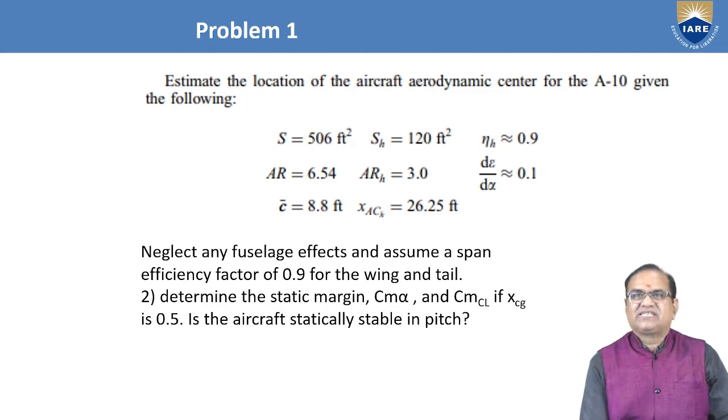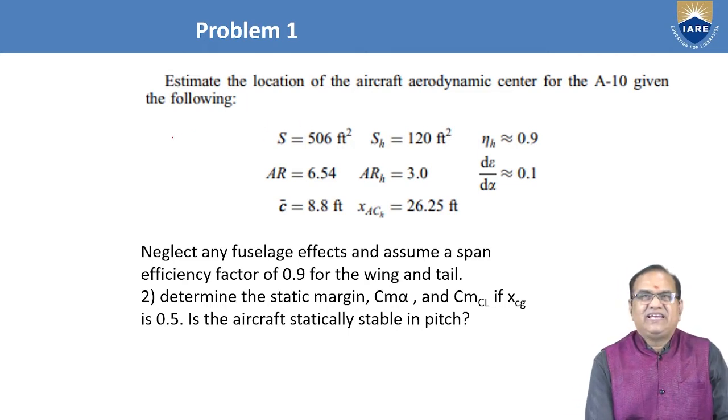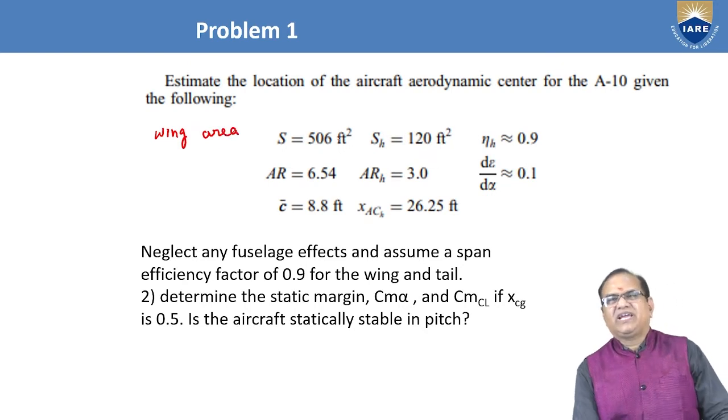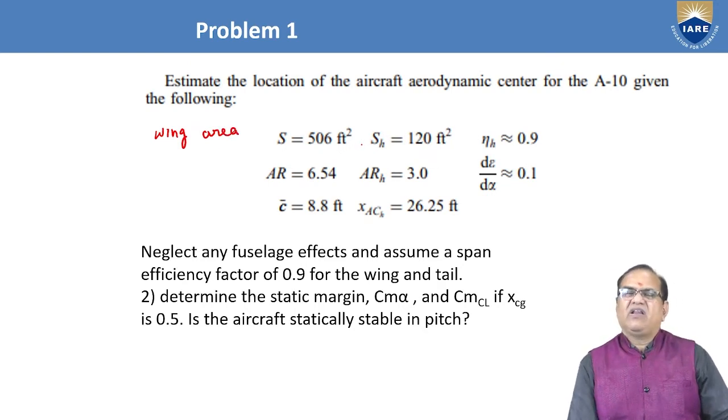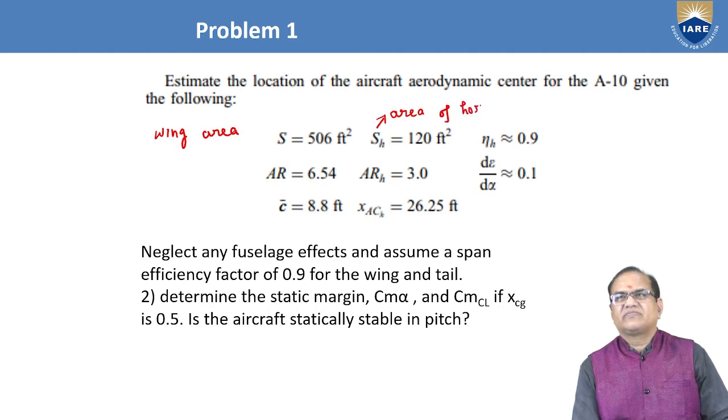So here S, what is S? It is the wing area. In feet we have taken, because here all are non-dimensional, so all the parameters will vanish. And this is the area of the horizontal tail.